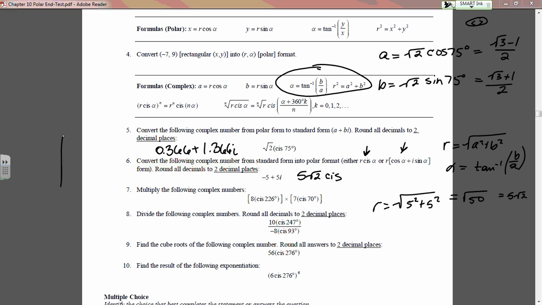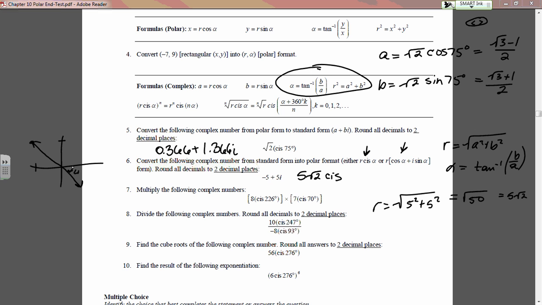-5, so let's draw this out. -5, positive 5i, we're going to be here. So if we use -45, again, we're going to be here. So we need to make sure that our angle is pointing in the correct direction.